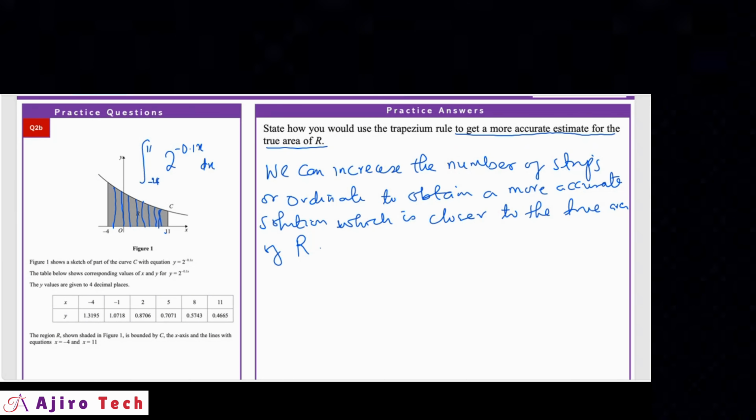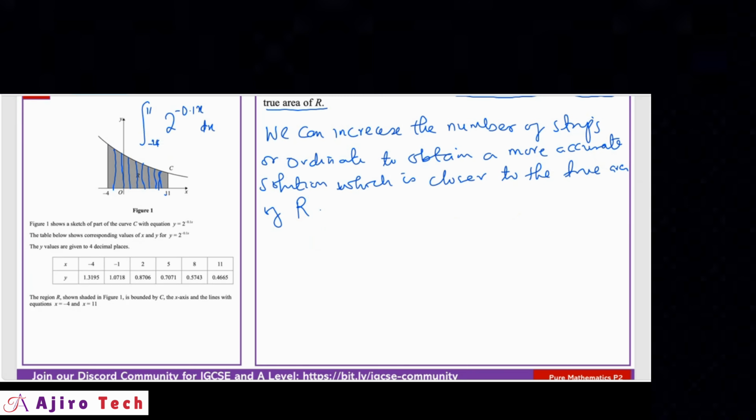That means the more the number of strips, the more accurate our solution is. So we make it more narrow for us to get that.